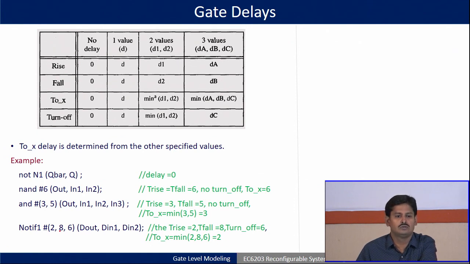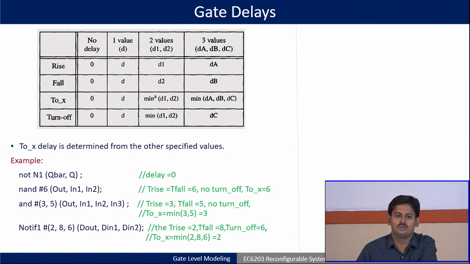Okay. So, notif1, if you remember, is a NOT gate which has one input, one output and one control input. As 1 is written, that indicates that if my control input is 1, then my output is equal to NOT of the input. Else, in this case, we can say dout is my output, din1 is the input and din2 is my control signal.